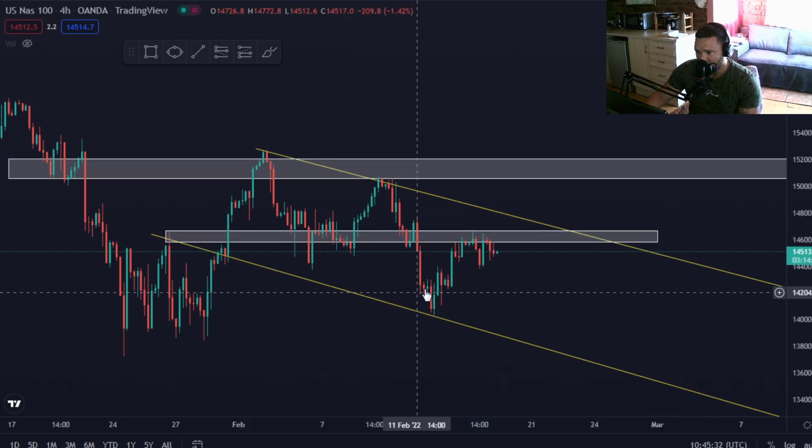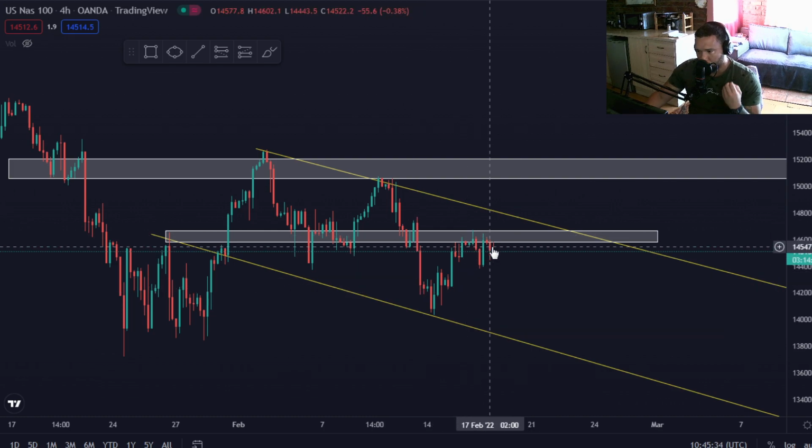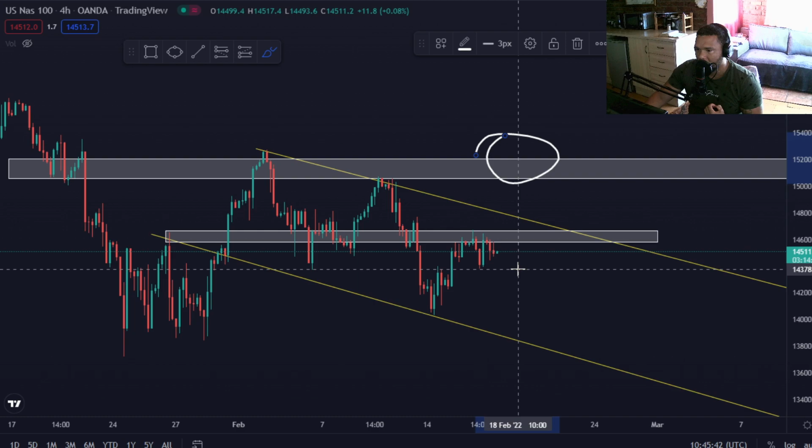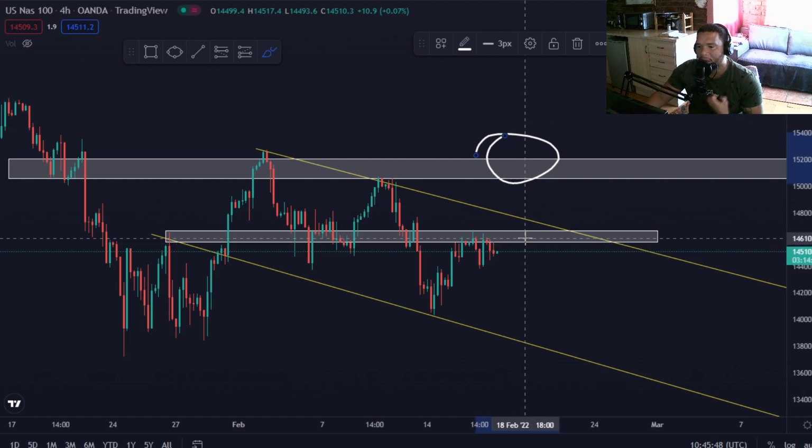Price breakout, retest. So the best confirmation and the more clarity will be if price can close above this region. Then we know, okay, now we're going to be looking for longs. Now we know we're going to take long-term longs.